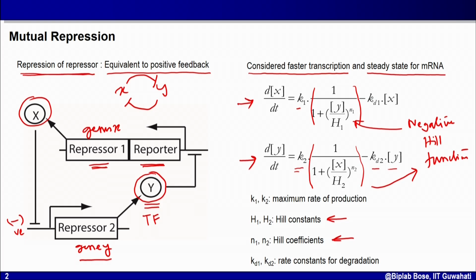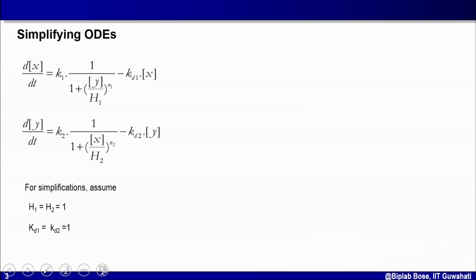Before I jump into it, let us simplify the model a bit further so that it will be easy for us to analyze here in this class. I want to understand the effect of the rate of production K1 and K2, that is the maximum rate of production of these two proteins, and the effect of the Hill coefficients N1 and N2.